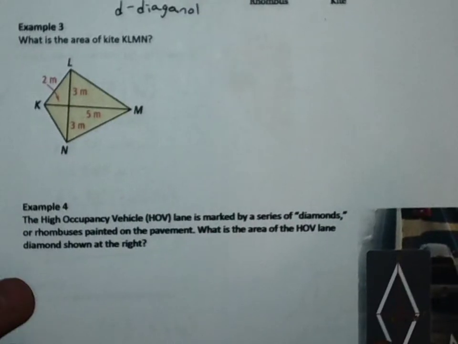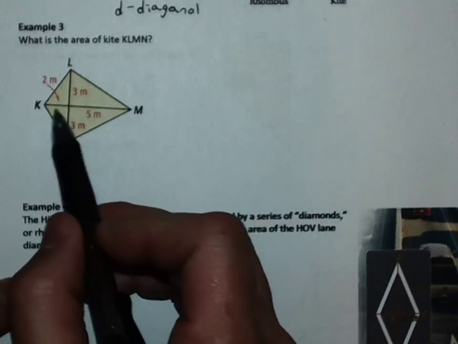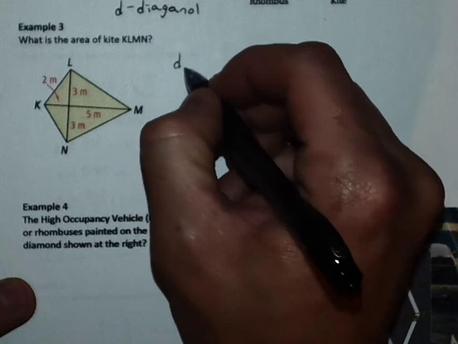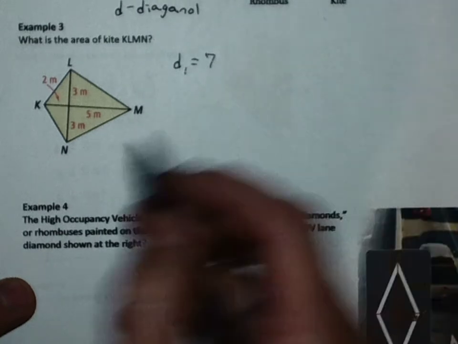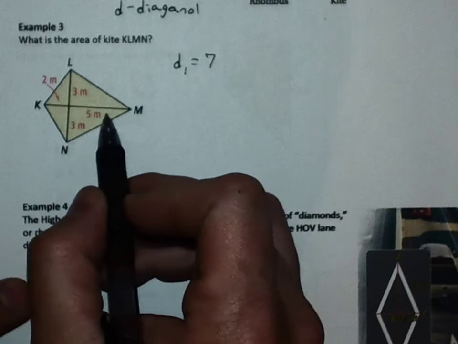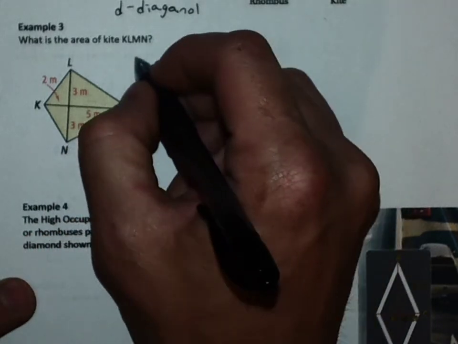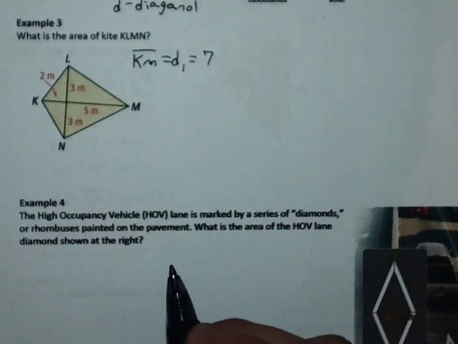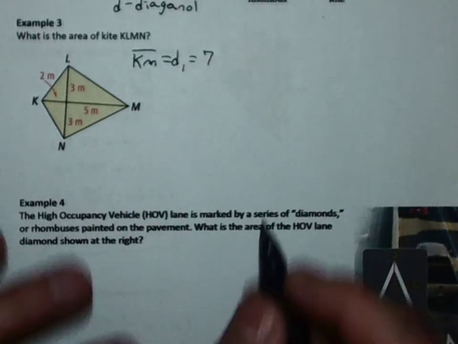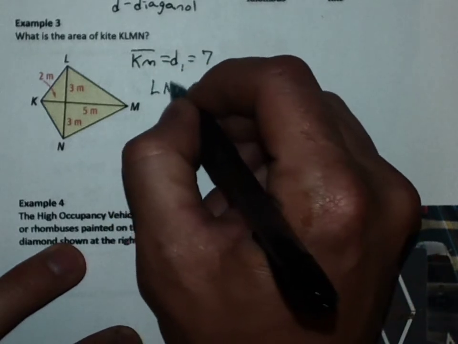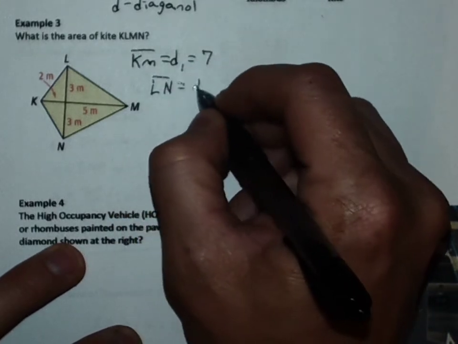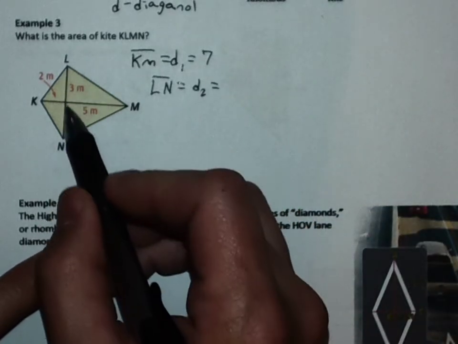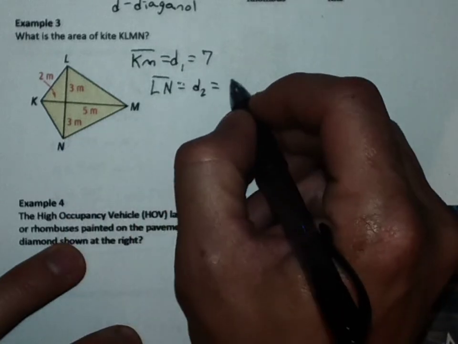So let's try one here. If this distance is 2, and this distance is 5, we could say that diagonal 1, the distance from K to M, is equal to 7. And then L to N, which we could call diagonal 2, would be equal to this distance of 3 added with this distance of 3, which is 6.